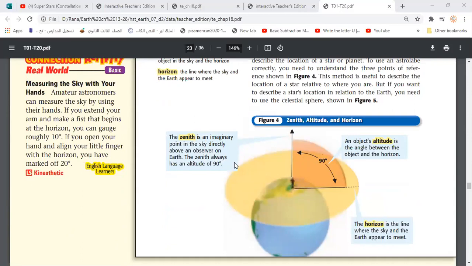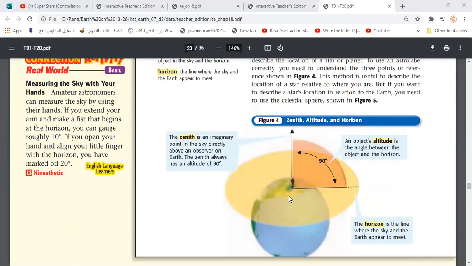So here again, guys, the zenith is the imaginary point in the sky directly above the observer, always 90 degrees above the Earth's surface, while the horizon is the line where the sky and the Earth meet. That means the connection between the Earth and the sky, and we find the altitude, the angle of the star that you need to locate.